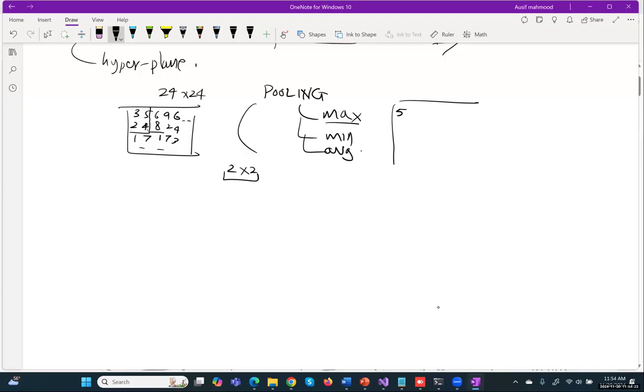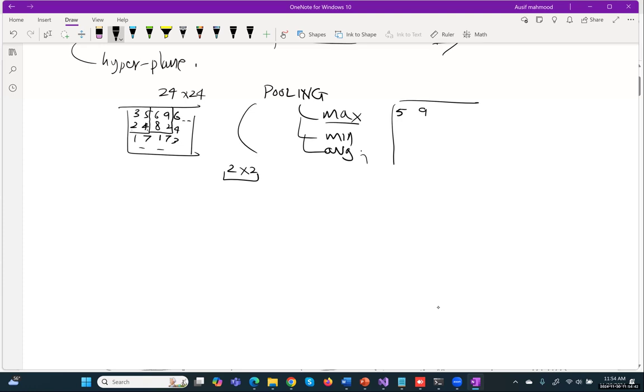Take a look at the next 2x2. Here we do not slide by 1. We completely move to the next 2x2, whereas in a convolution, we typically slide by 1. Okay, so 6, 9, 8, 2, what will be the output? 9, right? And so on.